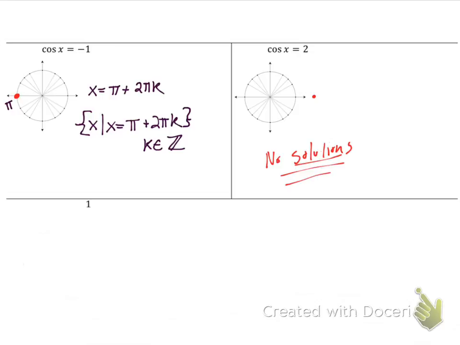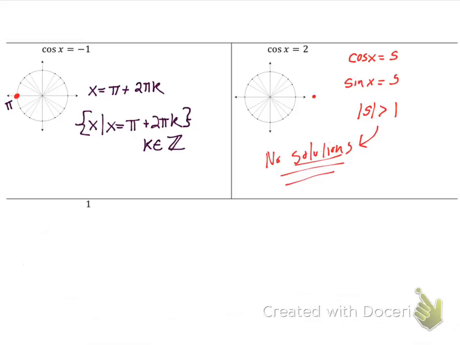And this works for sine and cosine. So say we have, let's just say, cosine of x equals s, or sine x equals s. If the absolute value of s is bigger than 1, then you're going to have no solutions.